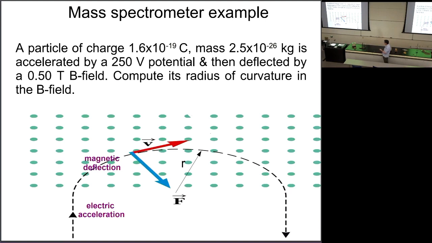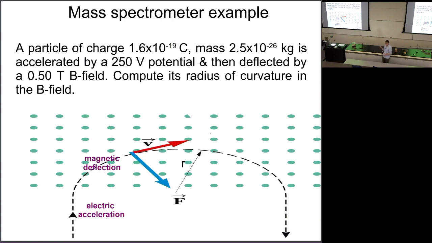Somewhere in here, it's not shown, there's an electric potential that's accelerating the moving charged particles, like rolling down an electrical hill. And then it's going to be shot into a region of uniform magnetic field. Here's the region of uniform magnetic field indicated by these turquoise dots. This is coming out of the screen rather than going into the screen. It's uniform because they're equally spaced. And in that field, it's going to execute a nice, simple circular motion.